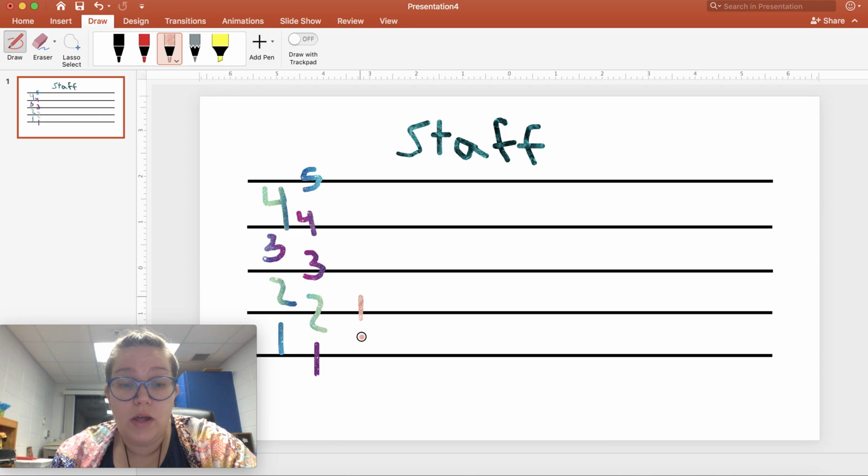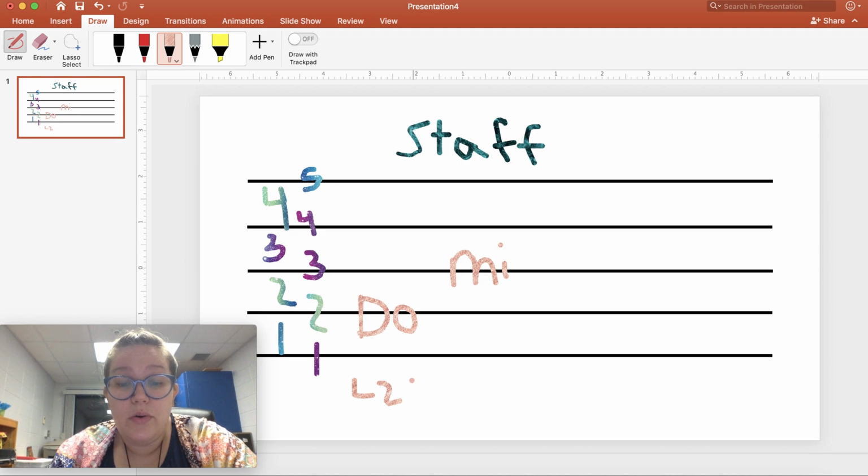If I put do on line 2, do is on line 2. Now I have to figure out where mi goes. Well, I know that it's going to look the same, so it's going to be on a line, and it's going to be 1 higher than do. So it's going to be on line 3, mi.